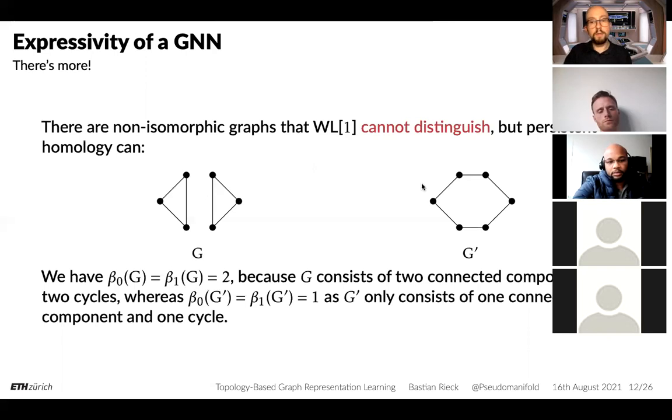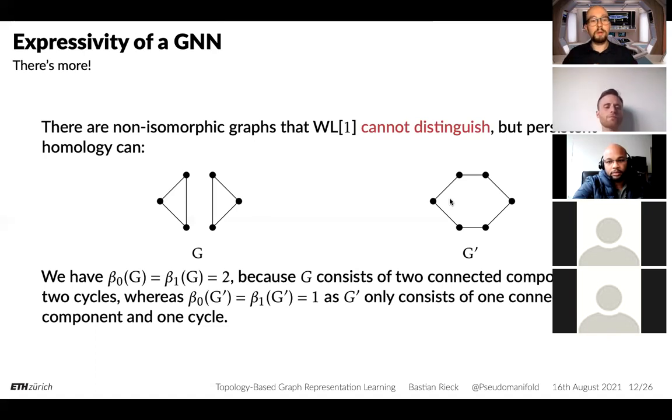This is an example of those two pairs of graphs. So one has two connected components and the other one has a single connected component. Many graph neural networks are incapable of telling you whether you have two graphs here or not. The cool thing is, though, that persistent homology, the method underlying our topology-based graph layer, is capable of assessing these two graphs.